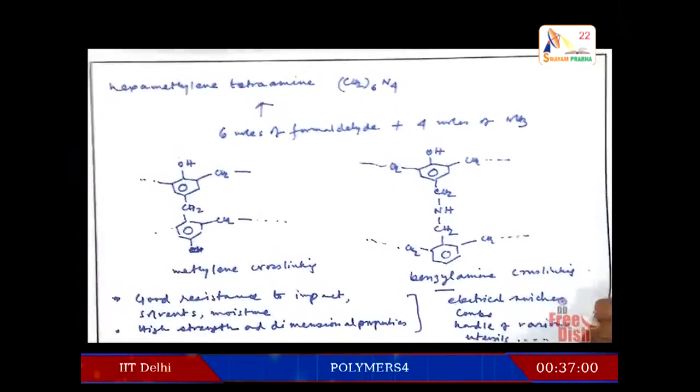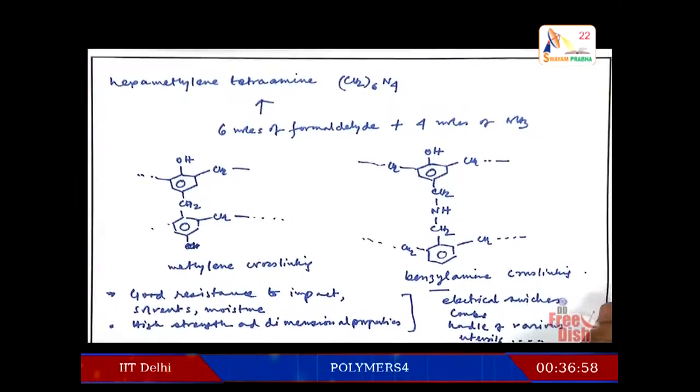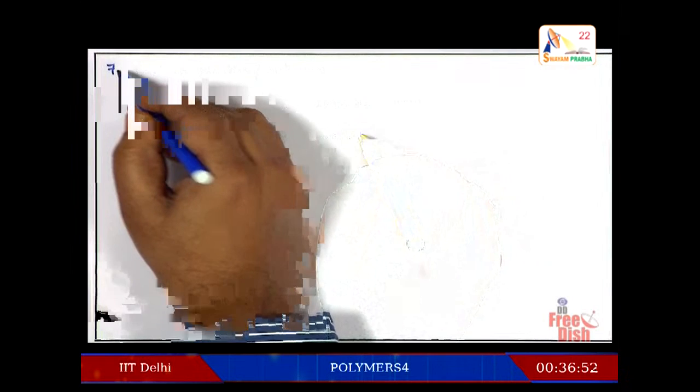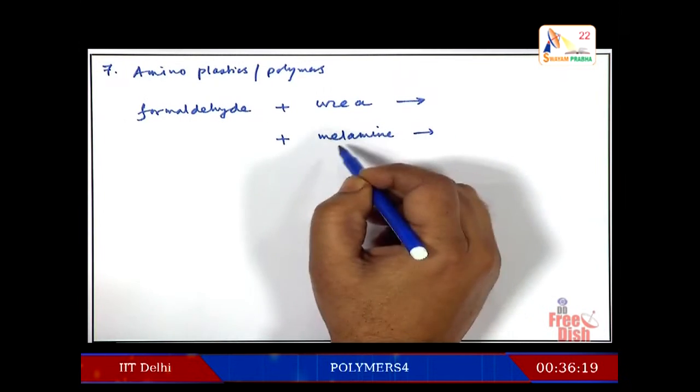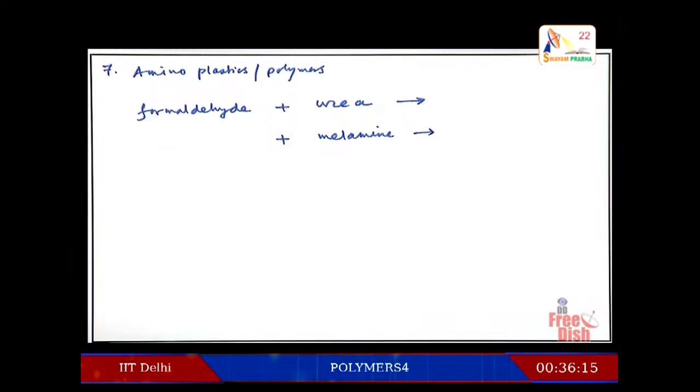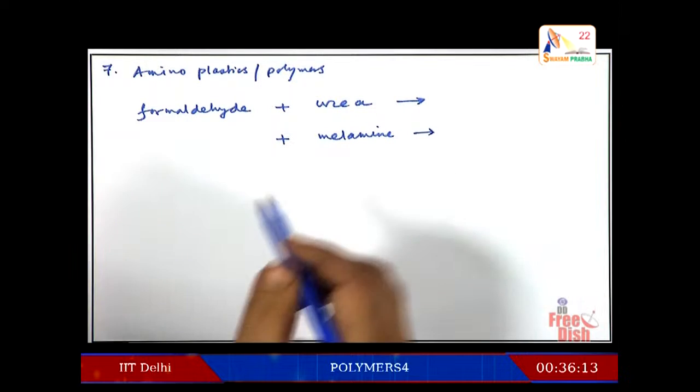So, these are phenolics, as I said. Now quickly move to the next one, melamine, in the resins between melamine and formaldehyde, what is used in this melamine utensils.